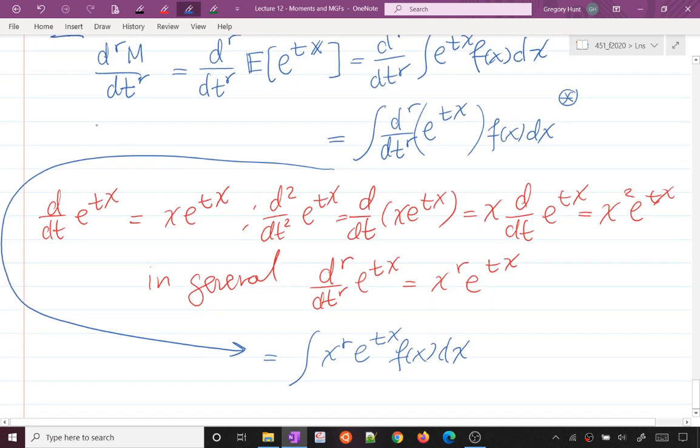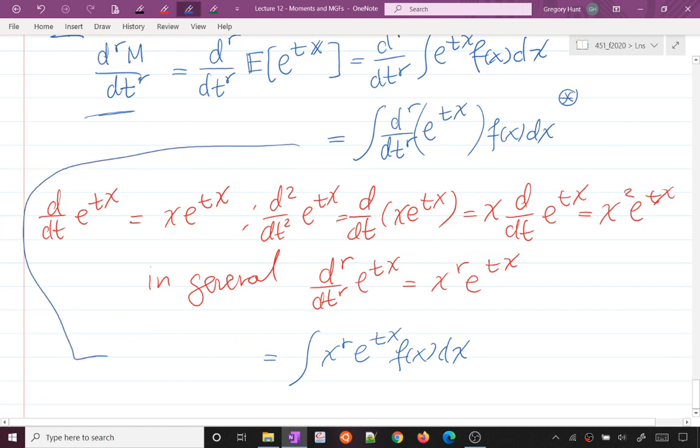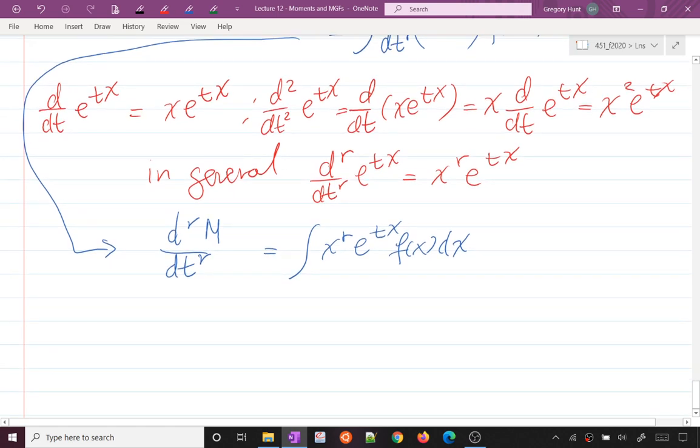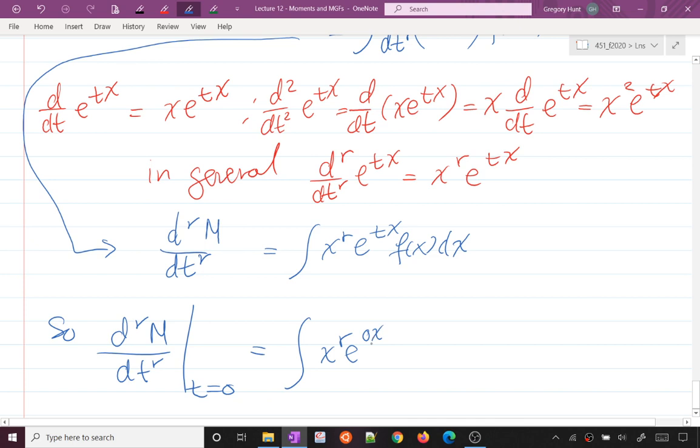So remember, we started off with the rth derivative of my moment generating function. If I take this rth derivative and plug in 0, I get the integral of x to the r e to the 0x f(x) dx.